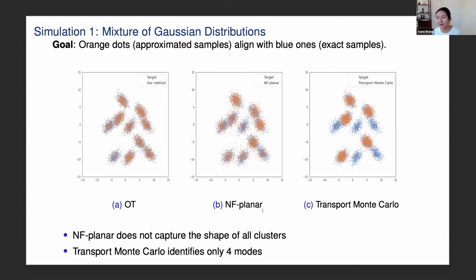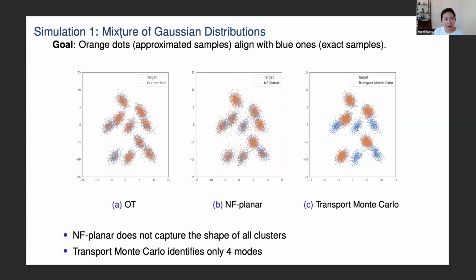And now I will show some simulation examples on how our method compares to other transport map-based methods. So one method is what we mentioned earlier, the normalizing flow using the planar transformer, and another method is transport Monte Carlo by Liu and Duan in 2021.